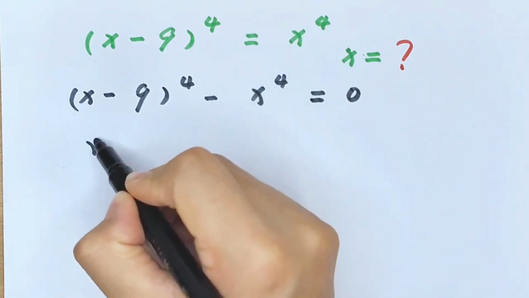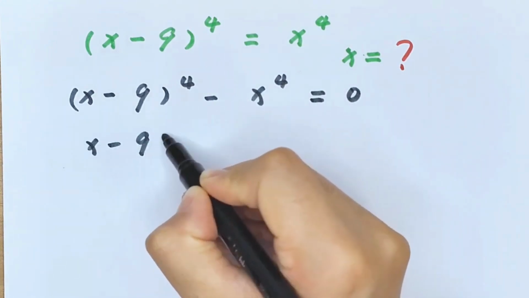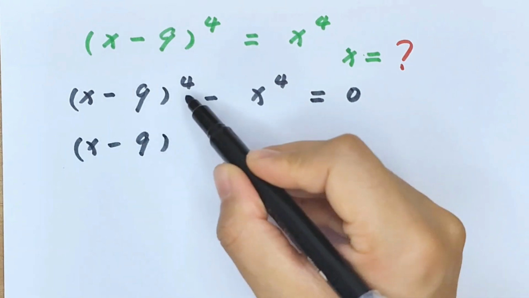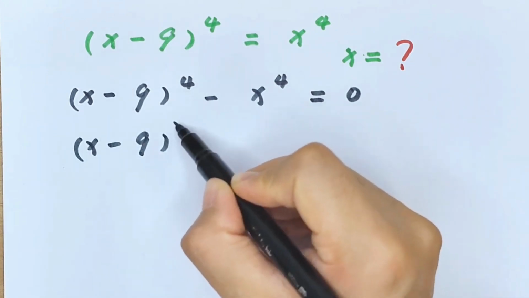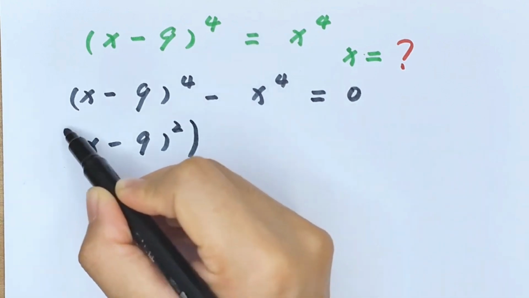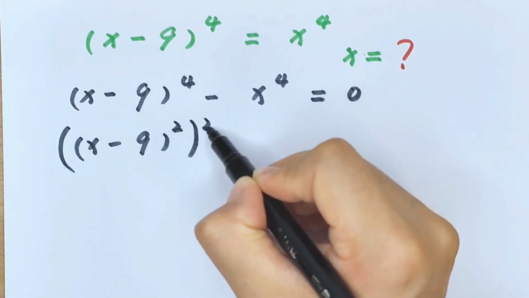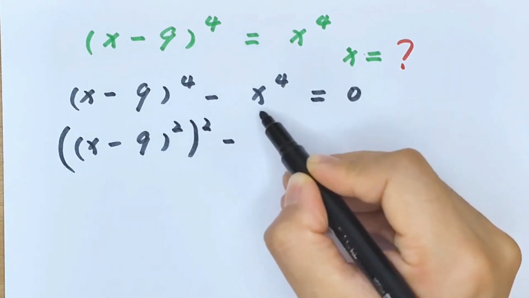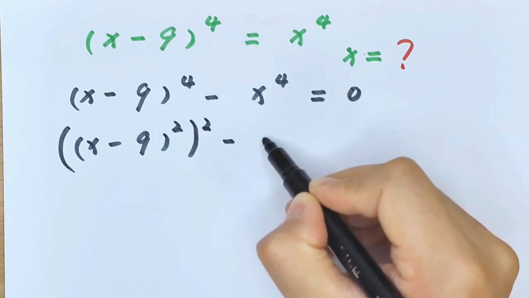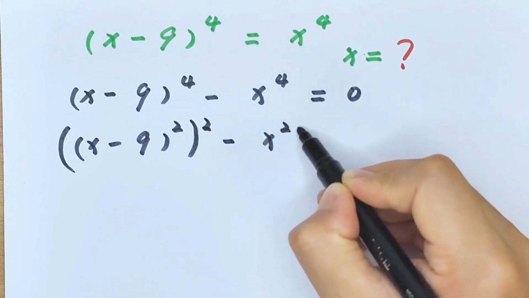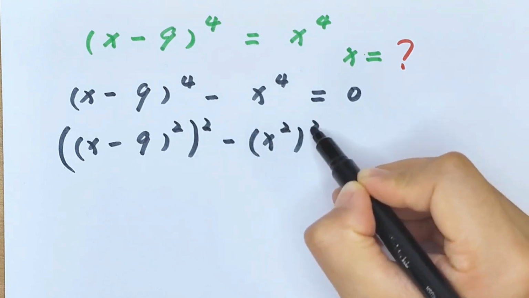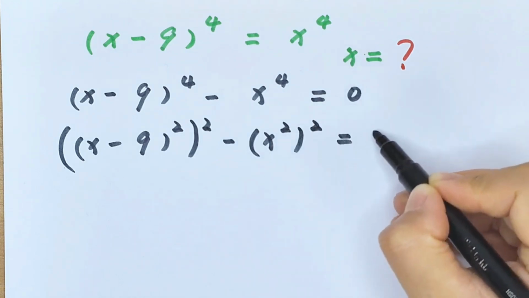Then (x minus 9) to the power of 4 is the same as ((x minus 9) squared) squared, minus x to the power of 4, which is the same as (x squared) to the power of 2, equals 0.